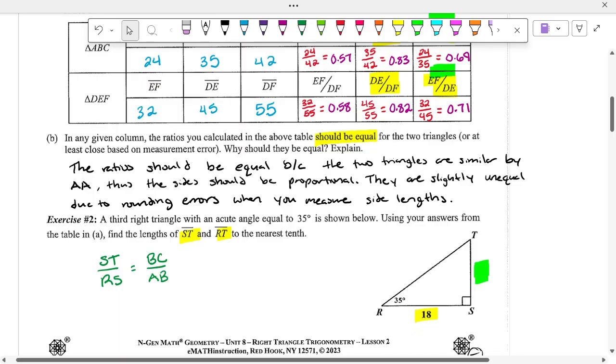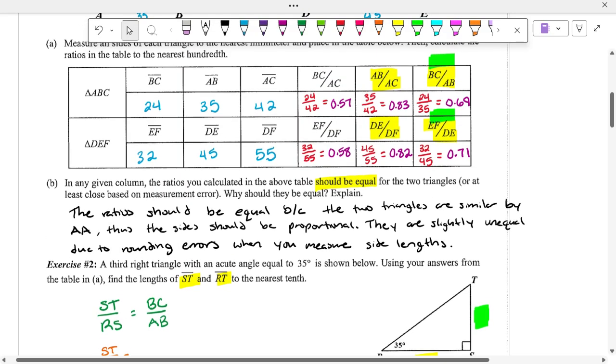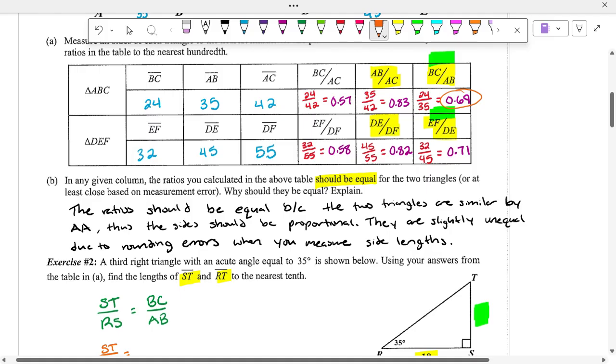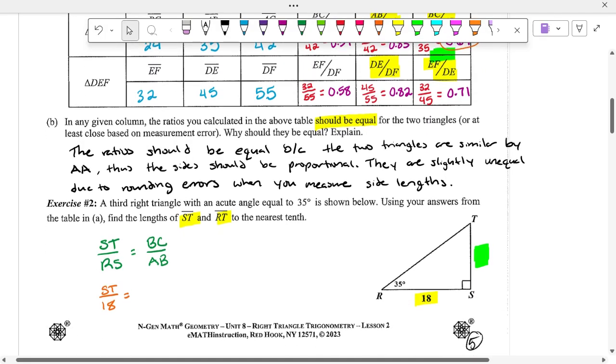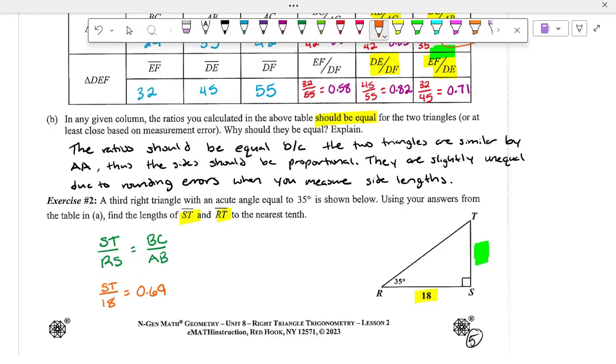Now, we already found what BC over AB is. Okay, so I'm just going to plug in what I have for RS. So we have ST over 18, and it's equal to what we already got for BC over AB, which is 0.69. So how would I solve for ST?